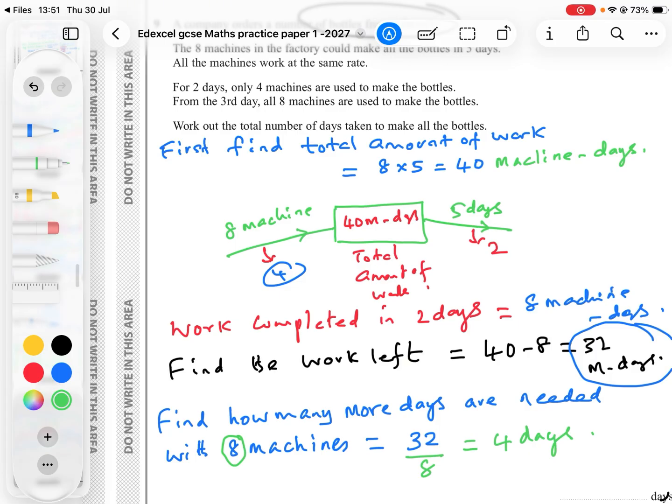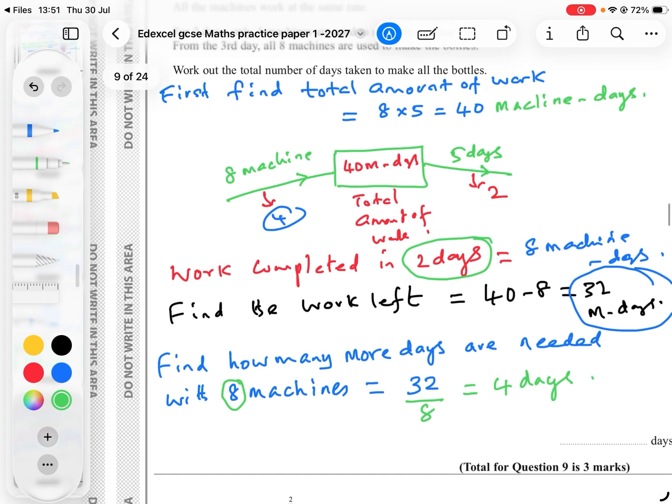So before, 2 days work completed by 8 machines. Now remaining work done in 4 days. Altogether, to finish all the work, 6 days. So, find the total number of days.